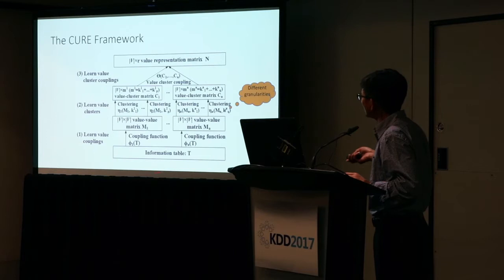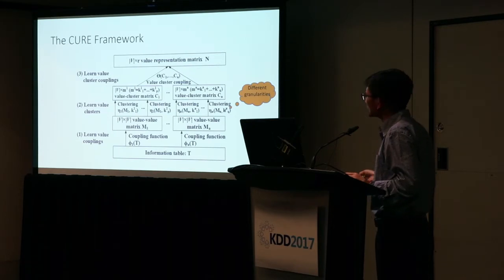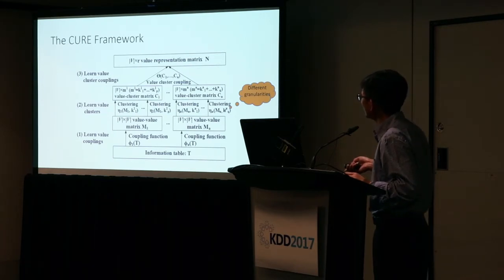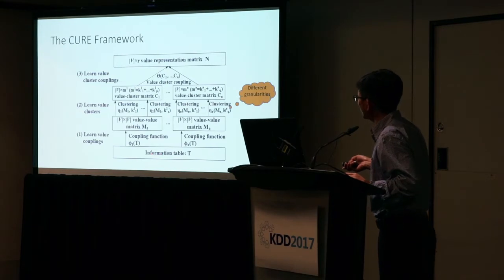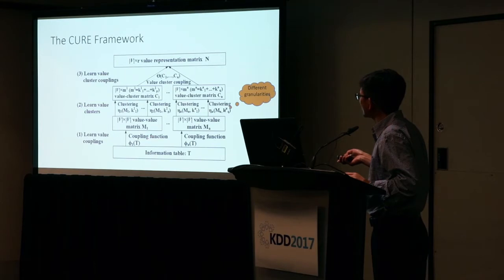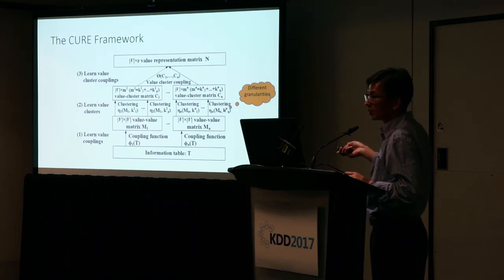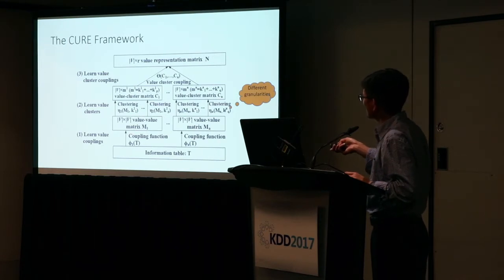Basically, this just focuses on the embedding. It extracts information from the very low-level information table in terms of the value interactions by different functions to get the value matrix. When we get the value matrix, you can have multiple matrices, and we can apply clustering to these matrices to generate the value cluster.